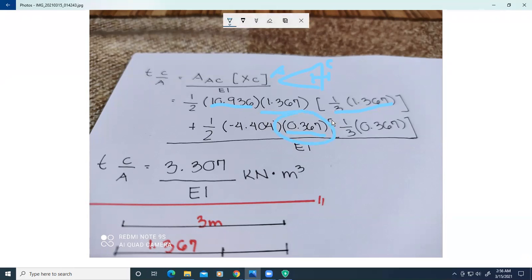So 0.367 times the centroid, one third of 0.367, over EI, and that gives us 3.307 over EI kilonewton meter cube. Okay.